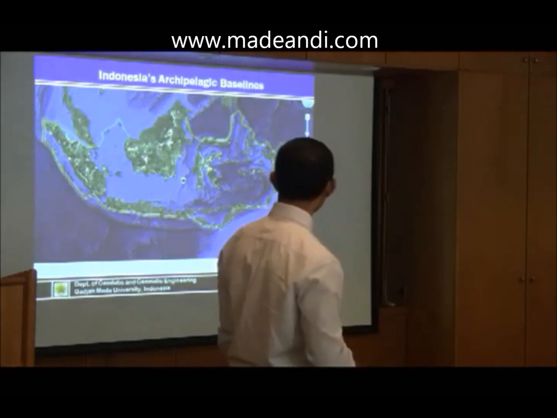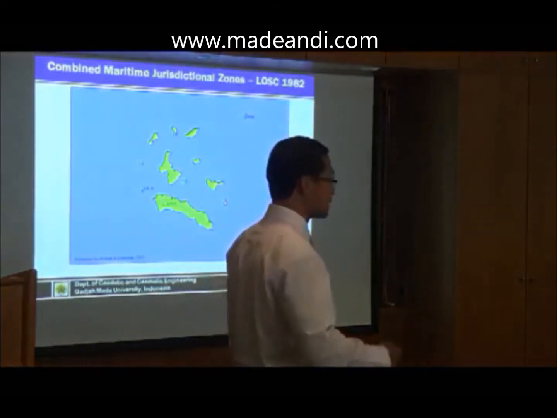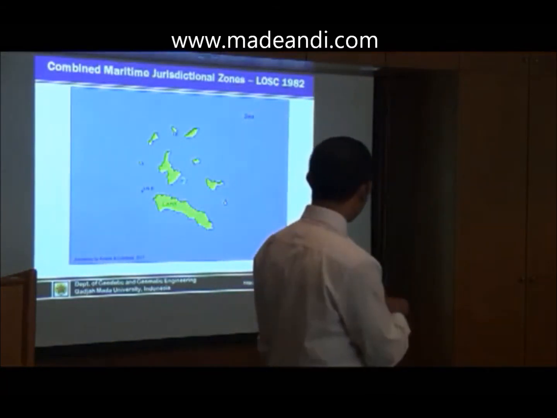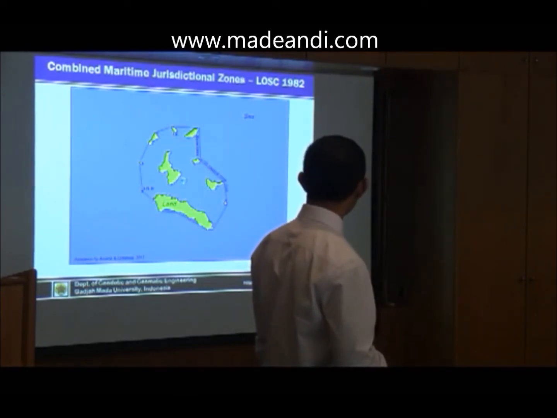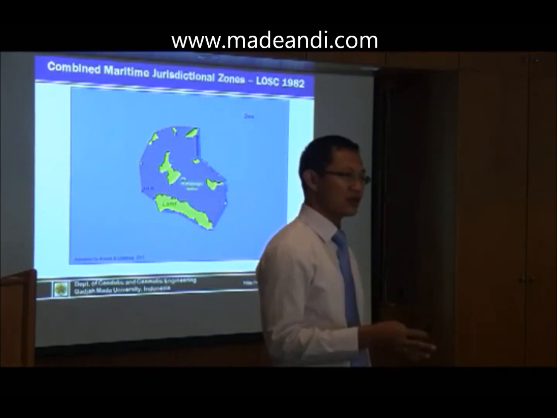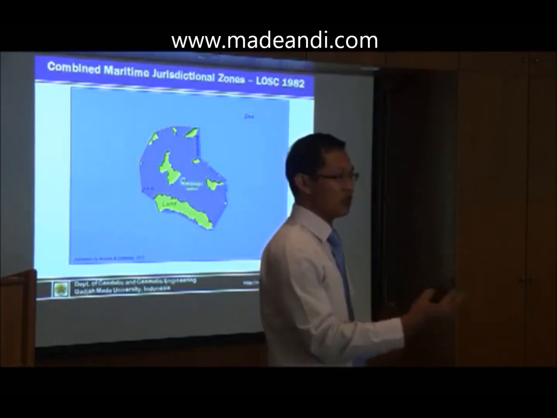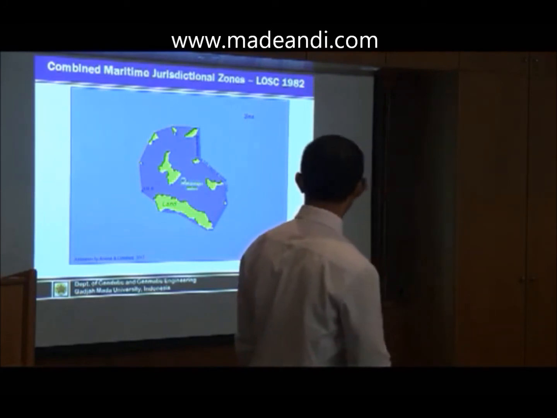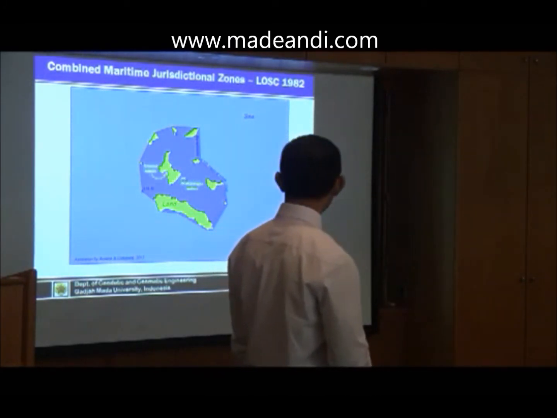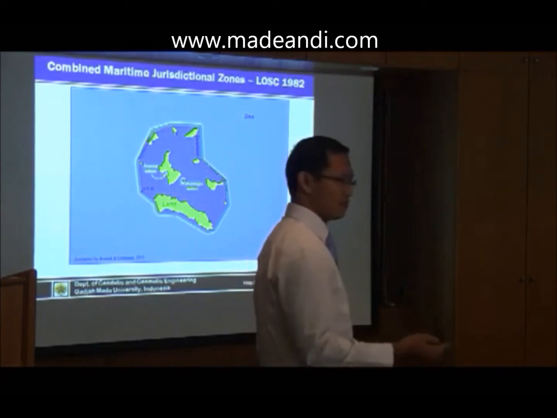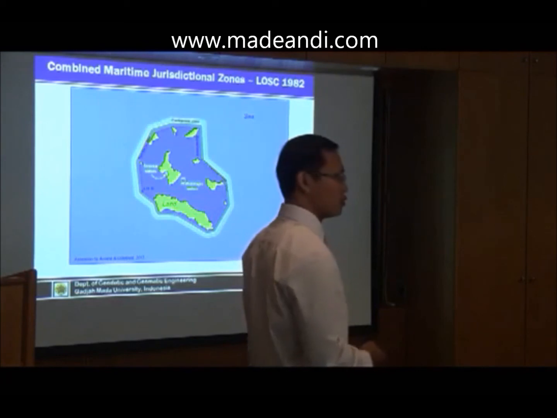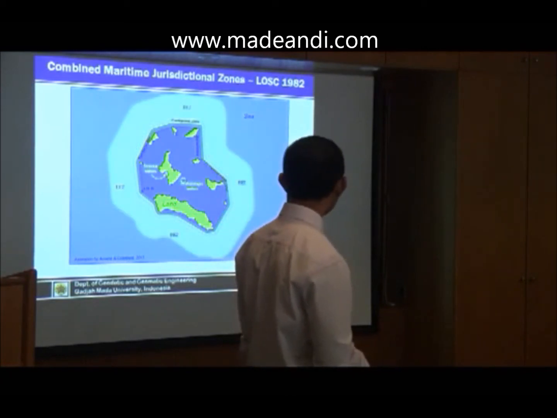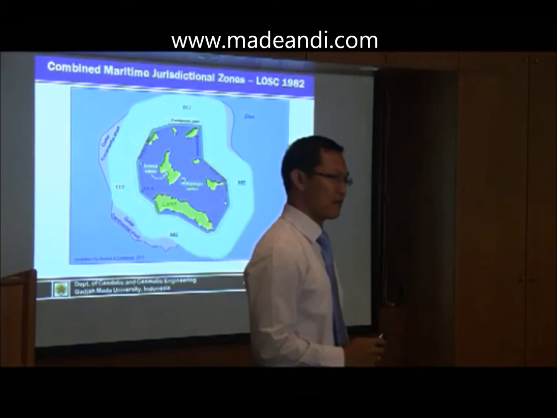If you look at the illustration here, this is how Indonesia is illustrated best. So this is the baseline, and all waters within are called archipelagic waters, which belong to that archipelagic state. And then this is internal waters, territorial sea of 12 nautical miles, then contiguous zone, EEZ over here, and continental shelf.